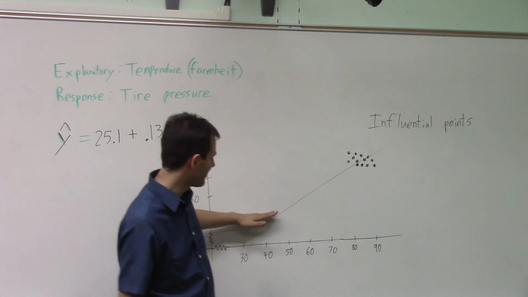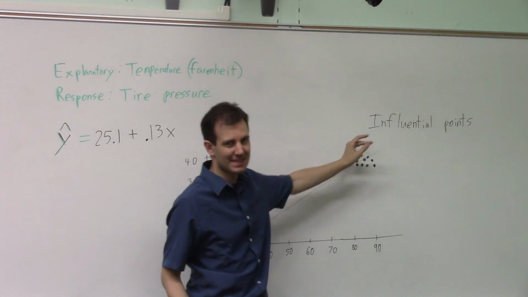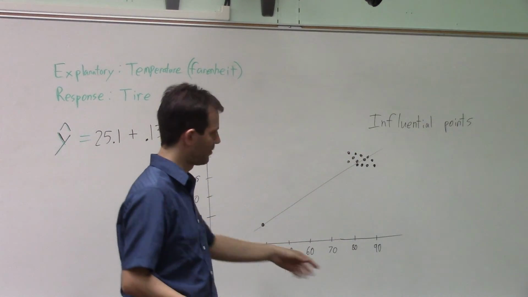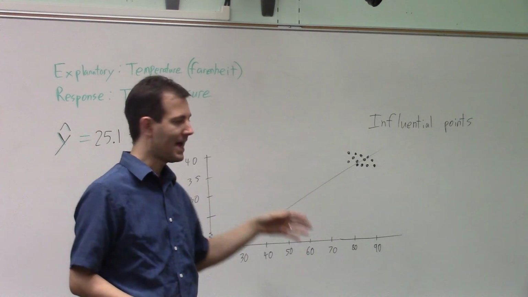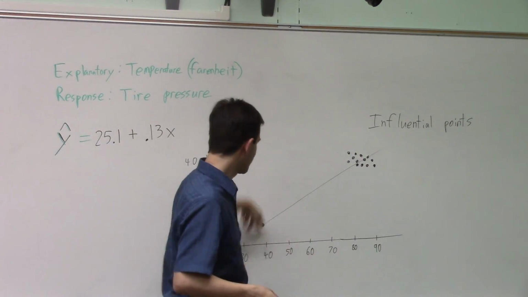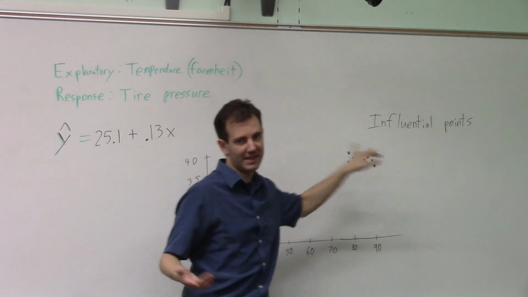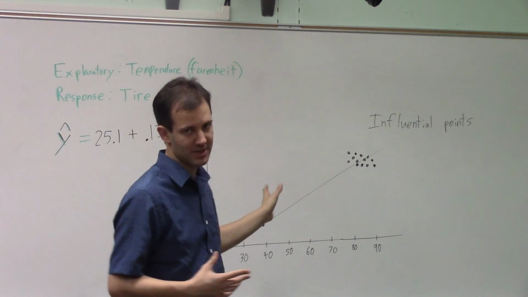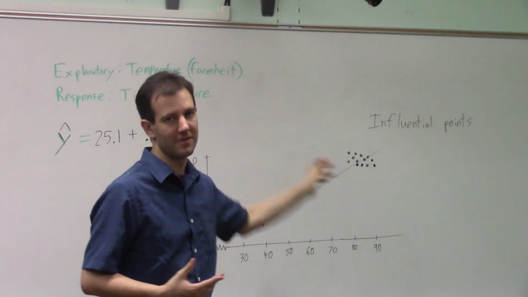Probably a little bit above it, so that those residuals will all be a little bit smaller, but you get the idea. That's an influential point because it's far to the left or far to the right, and not where you would expect the line to be based on those other points. If the point were here, that wouldn't affect the line, so it would not be an influential point. It's influential in changing the direction and location of the least squares line.